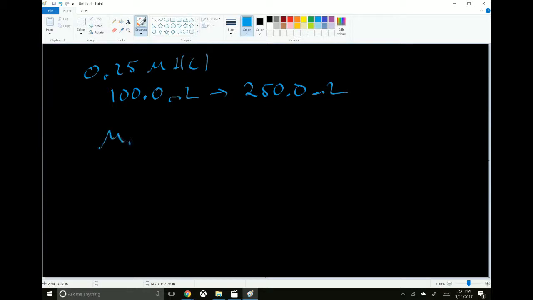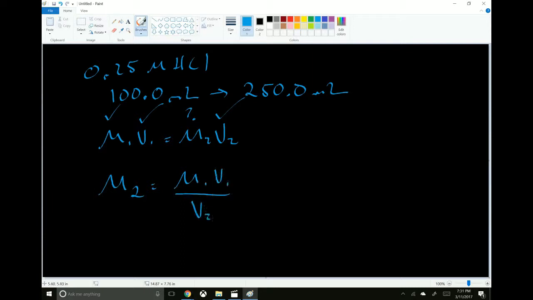Well, M1V1 equals M2V2. The number of moles doesn't change. The volume and the concentration do. We know the initial concentration. We know the initial volume, and we know the final volume. What we're looking for is the final concentration. So M2 equals M1V1 over V2.